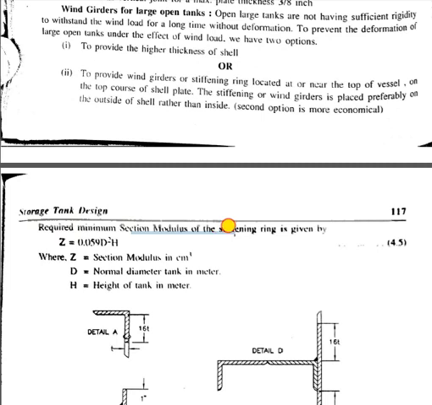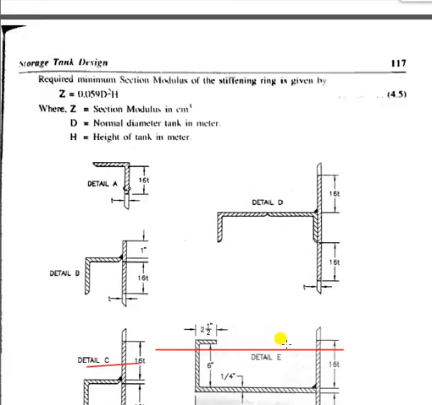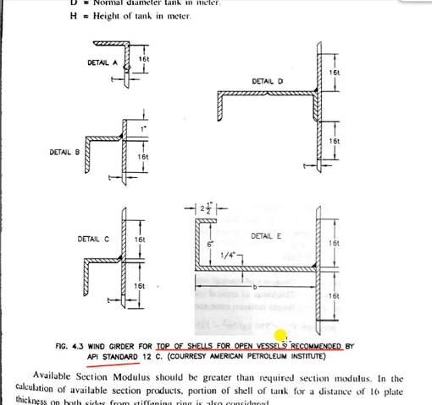The required minimum section modulus of the stiffening ring is given by this equation: Z is equal to 0.059 d square h, where Z is the section modulus, d is the nominal tank diameter, and h is the height of the tank in meter. In the figure, a number of various types of girders are given, wind girders for the top of shell for open vessels recommended by the API standard, American Petroleum Institute standard.